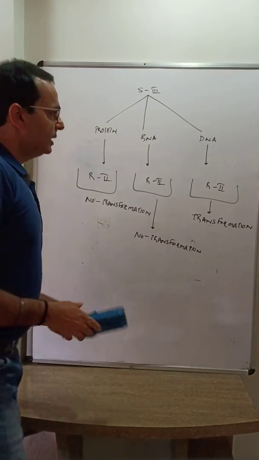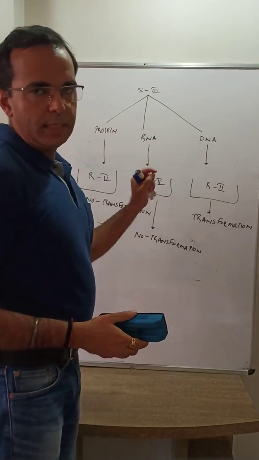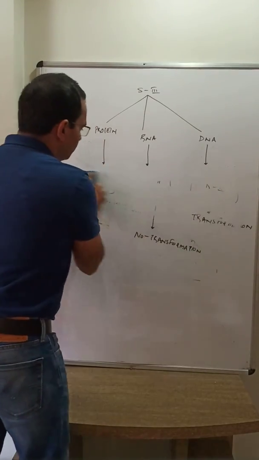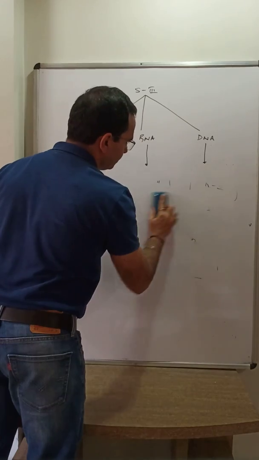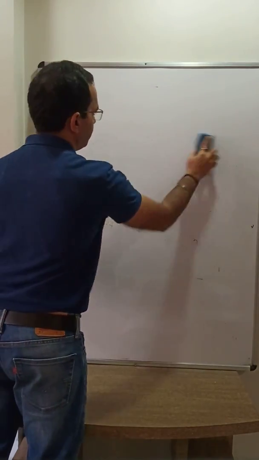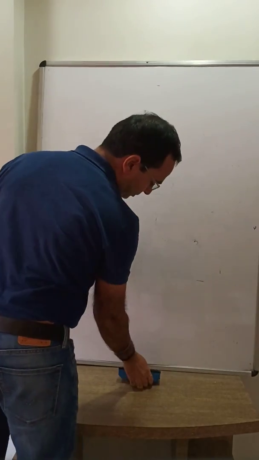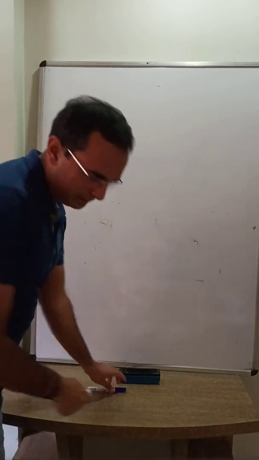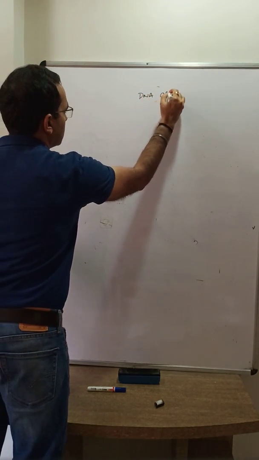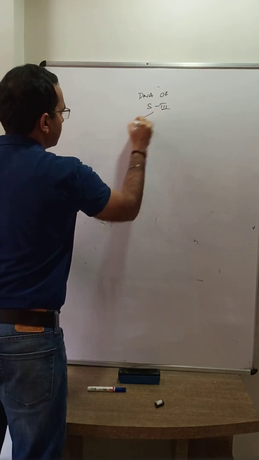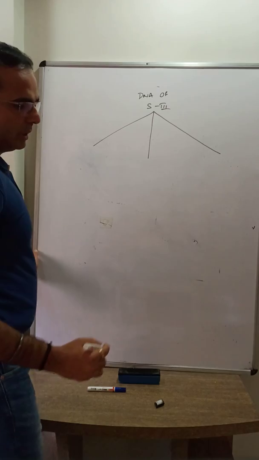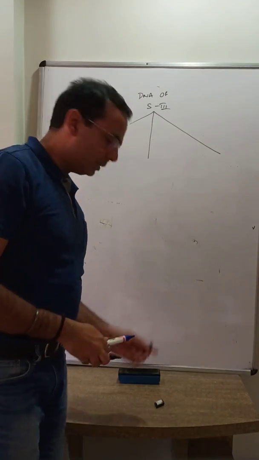So with this experiment, they were almost able to prove that DNA was the genetic material, but they still performed one more confirmation experiment, in which they took the DNA of S3 and used various enzymes that digest the various macromolecules present in the cell.